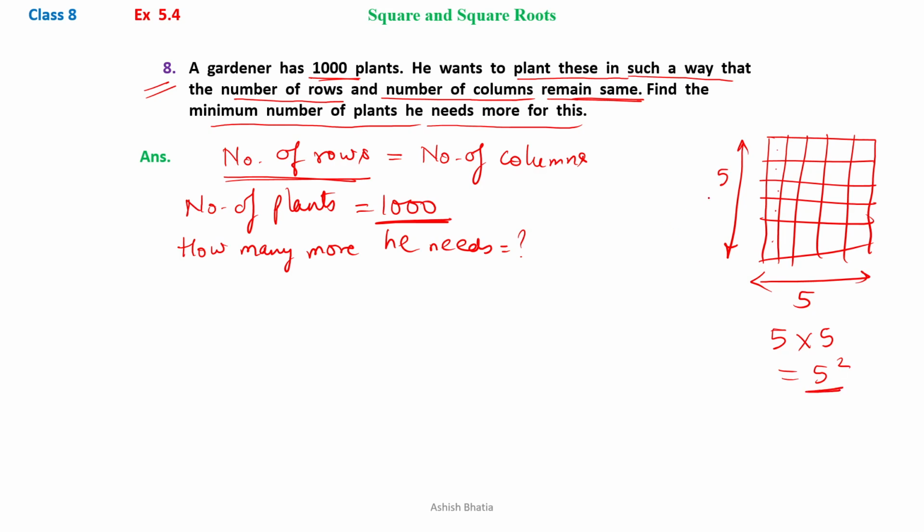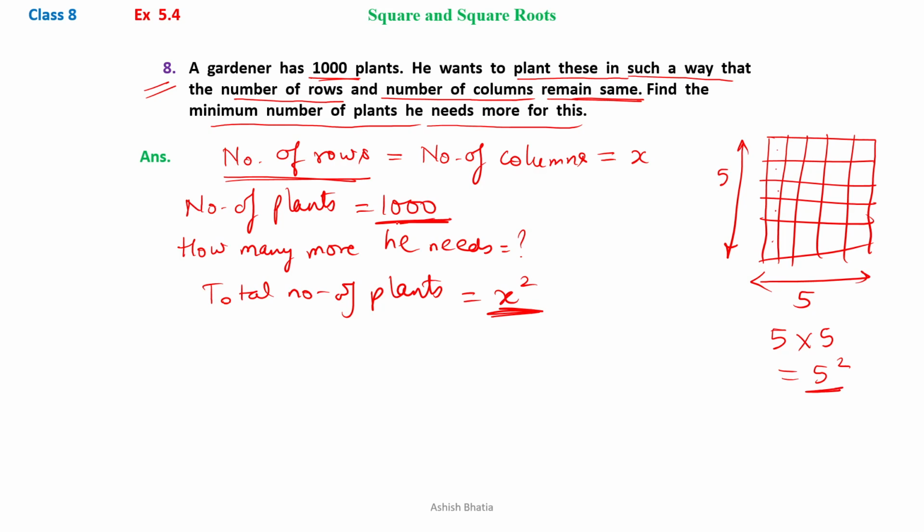In a similar way, if he has planted in x number of rows, there are x number of columns, so the total number of plants he requires would be x into x, that is x square. So the number should be a square number.